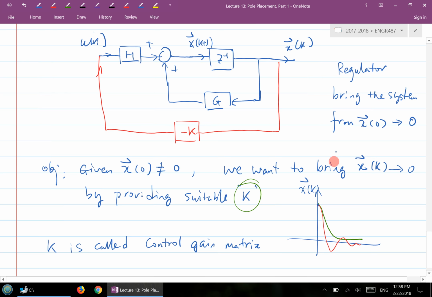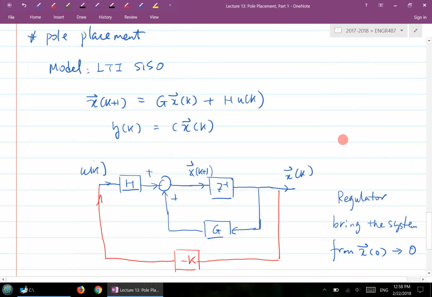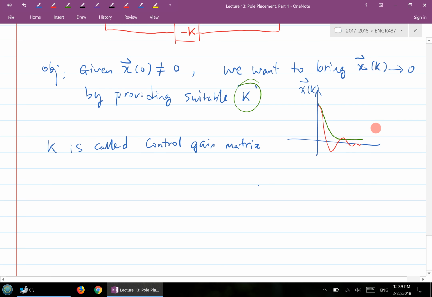Let's start from the original system equation. Now you can see your control input, based on this structure, is generated by multiplying k with x and putting a negative sign there. I'll write down the new state equation now.